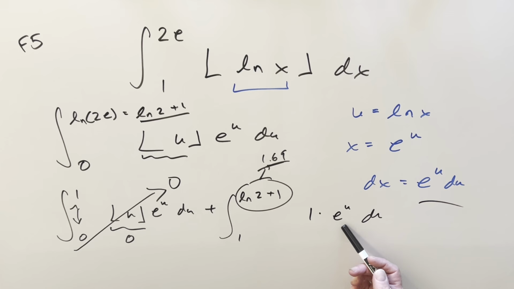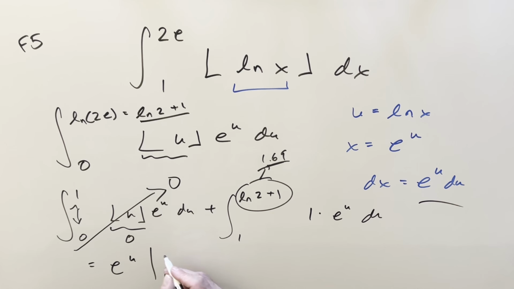But now we can just do the integral of e to the u. That's just going to be e to the u, and we need to evaluate it from 1 to ln 2 plus 1. Plug in, here we're going to have e to the ln 2 plus 1 minus, here it's just e to the 1. This here we can break up and write like e to the ln 2 times e, just like exponent properties.